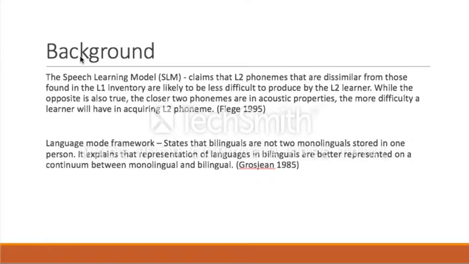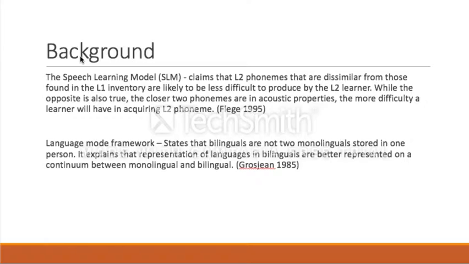The other framework that's very important for this particular research, looking at VOT and language modes, is the language mode framework. So in a lot of research, bilinguals were thought to basically be two monolinguals that happen to be stored in one person.